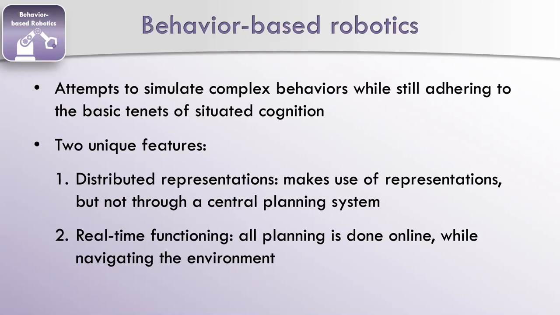In the field of behavior-based robotics, there are a couple of unique features that might be helpful in illuminating how our minds work with our bodies. First, it's not a centrally planned system, right? That's the thing I've been emphasizing.